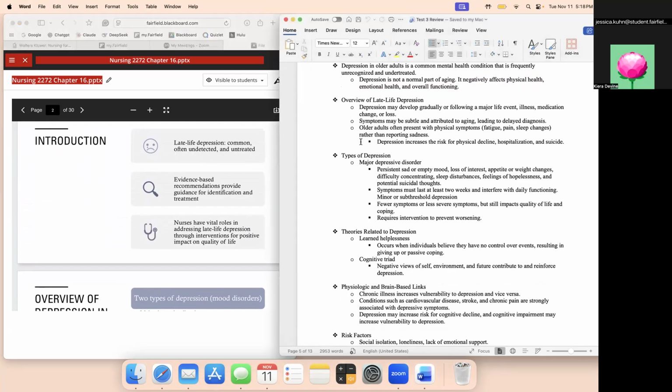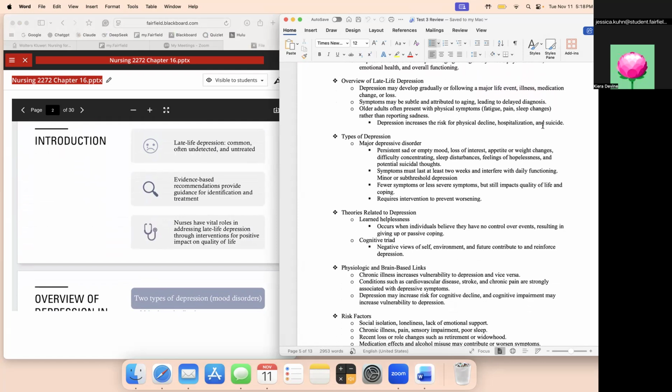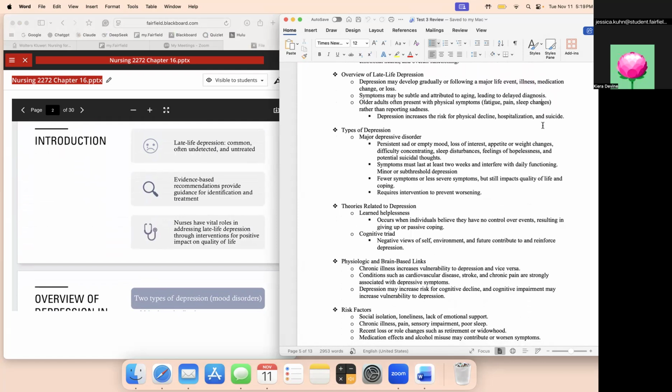It may develop gradually or follow a major life event, like we talked about in the last slide. This is that unexpected loss, retirement, moving into a new place, losing a spouse, losing friends, illness or medication change or loss. Chronic illnesses can also lead to falling into a depression.